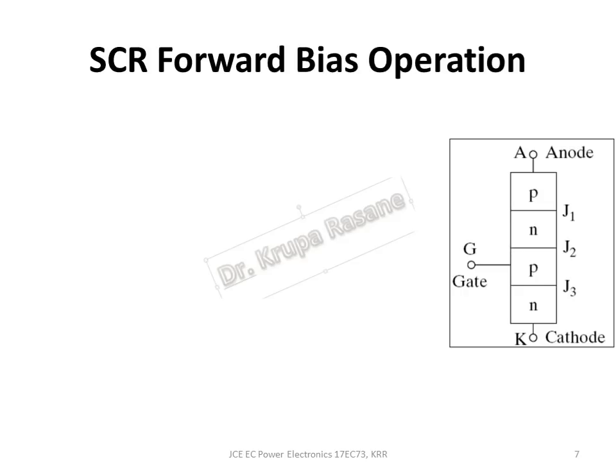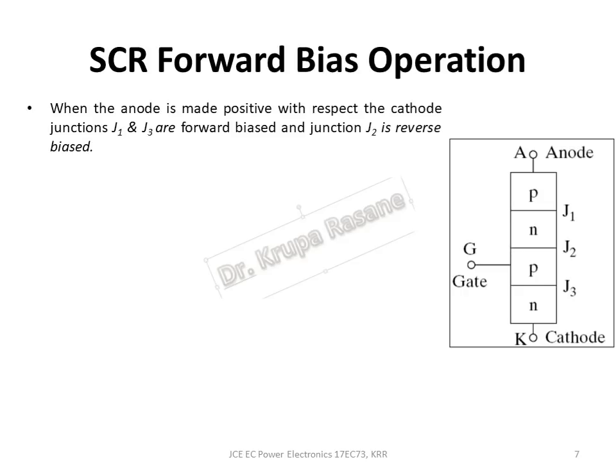Now coming to SCR forward bias operation. When the anode is made positive with respect to the cathode, I put a battery here with positive on top and negative below, connected between anode and cathode.